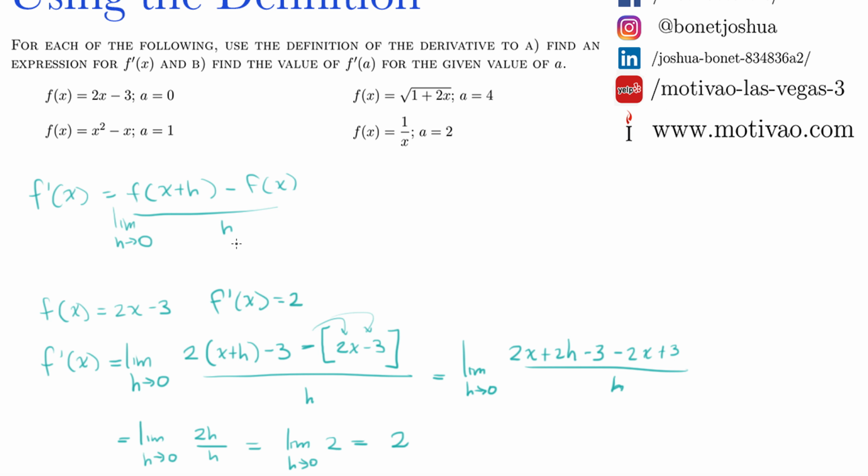Okay. Now, it says find the value of f prime of a. In this case, f prime of 0 is still 2 because there's nothing to substitute. And that will be your answer for this function.